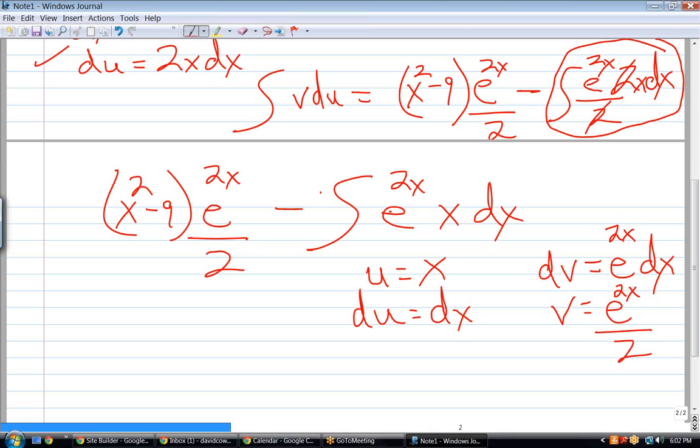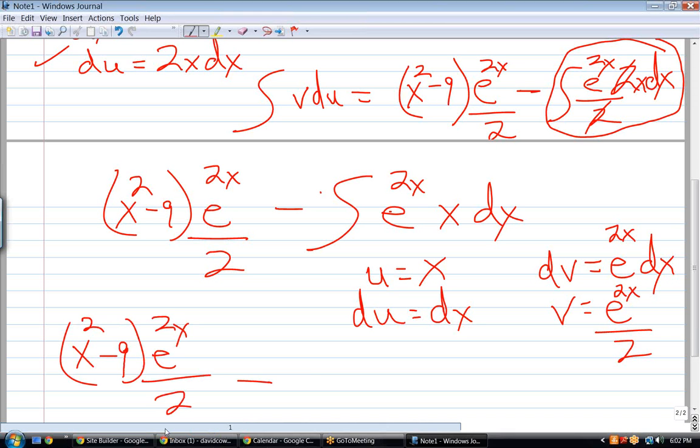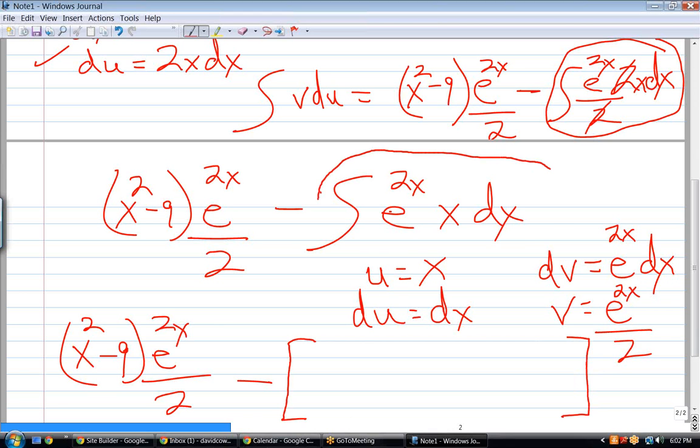Okay. So now we got x squared minus 9 e to the 2x over 2 minus, now remember where I said the hardest part is keeping track of your negative signs? I'm using brackets because I have to translate this into uv minus the integral of v du. So what goes in these brackets?